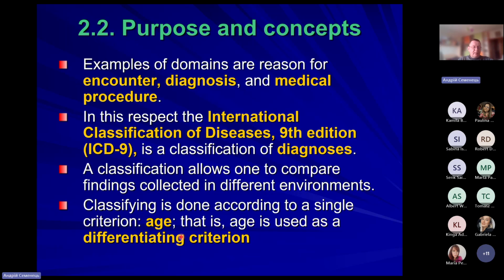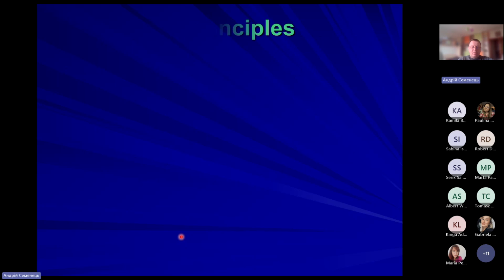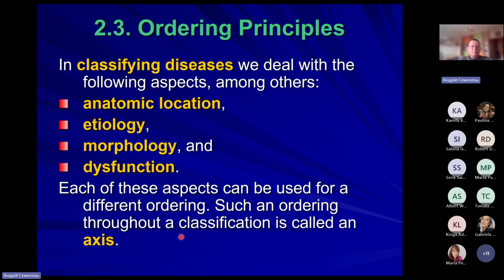So in reality, we could have many differential criteria, many axes of classification. In the case of classification of diseases, we deal with the following aspects, among others, like anatomic location, etiology, morphology, dysfunction, and so on. So as a result, each of these aspects can be used for different orders, and it will be covered as an axis of classification, or simply an axis.